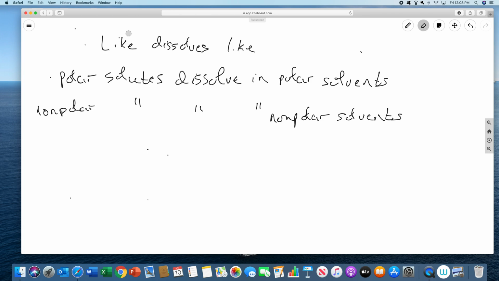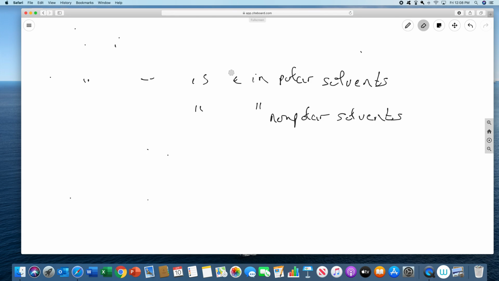Okay, let me erase this. So soaps take advantage of this idea. Let me show you what a soap looks like. All right, a soap basically looks like this, and you guys have done a lot with structure.